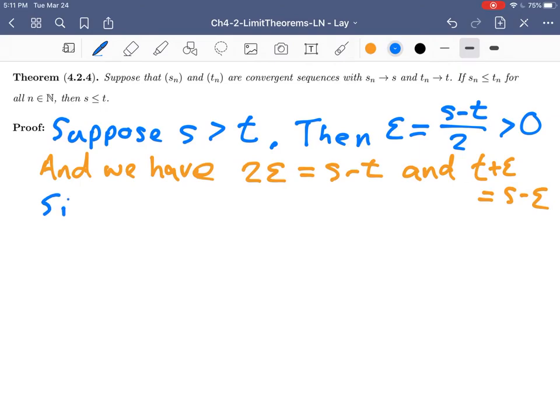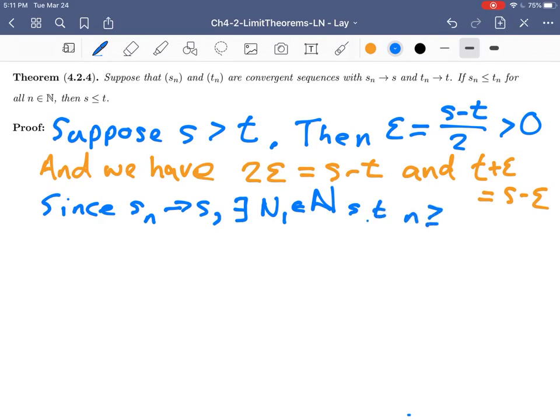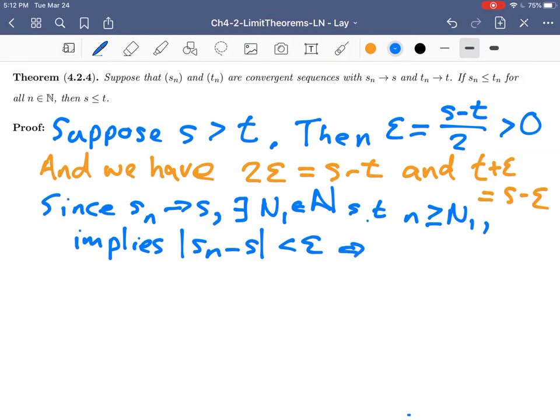Since we have S sub n converging to S, there exists some value n1 such that as long as n is at least n1, we have the absolute value of our sequence minus S less than epsilon, which is to say that the value of S sub n is somewhere between S minus epsilon and S plus epsilon, right?